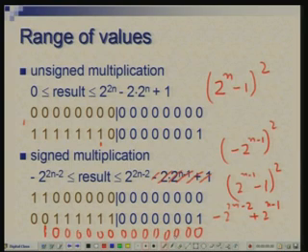And the largest negative value you are getting is, you have minus 2 raised to power 2 n minus 2, which is actually this. To that you add 2 raised to power n minus 1, which is a 1 here. Okay. So, this is the most negative value and this is the most positive value you get.